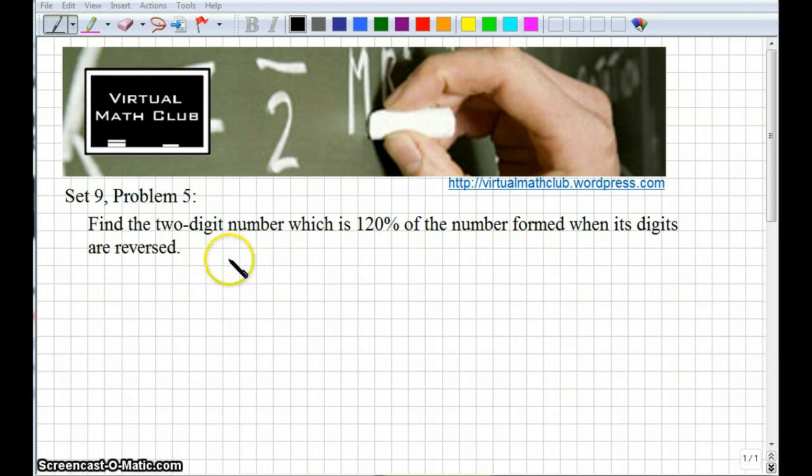So what I mean by that, if we have a number where the digits are A and B. So this could be 32 or it could be 69.